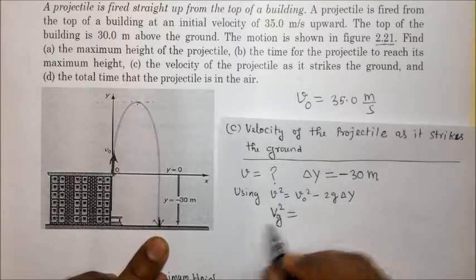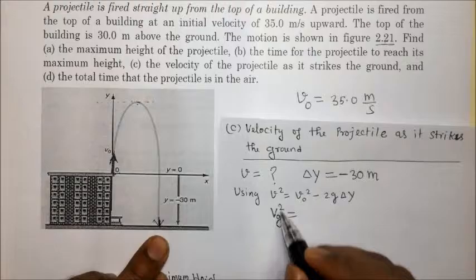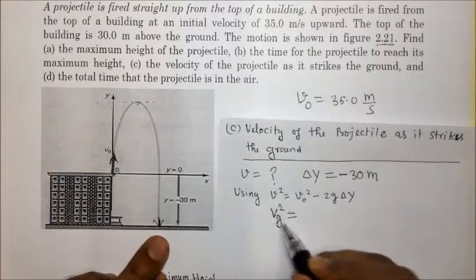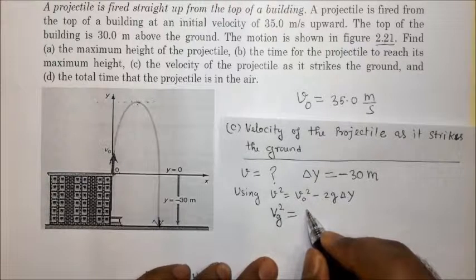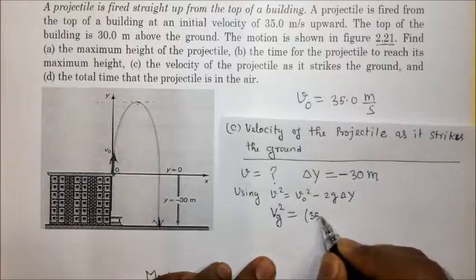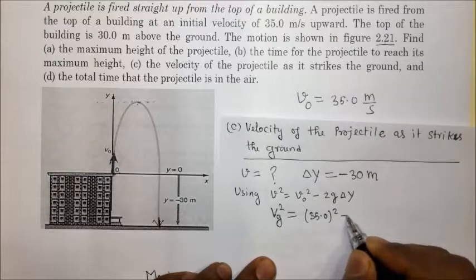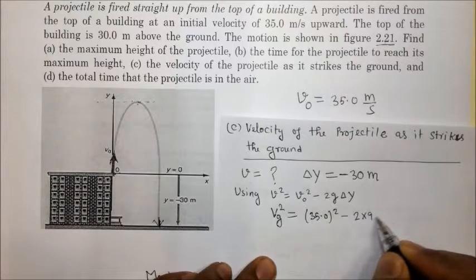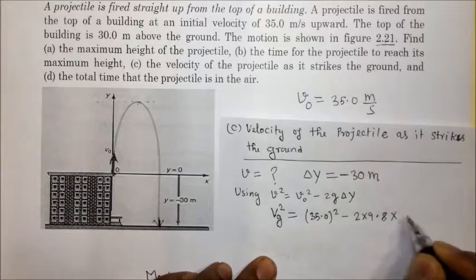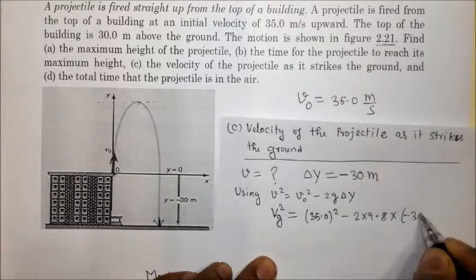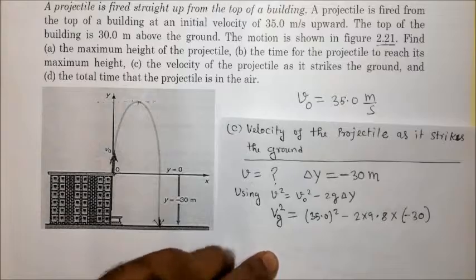Okay, velocity when it hits the ground, Vg as V final. V initial is 35.0 square minus 2 times 9.8 times negative 30.